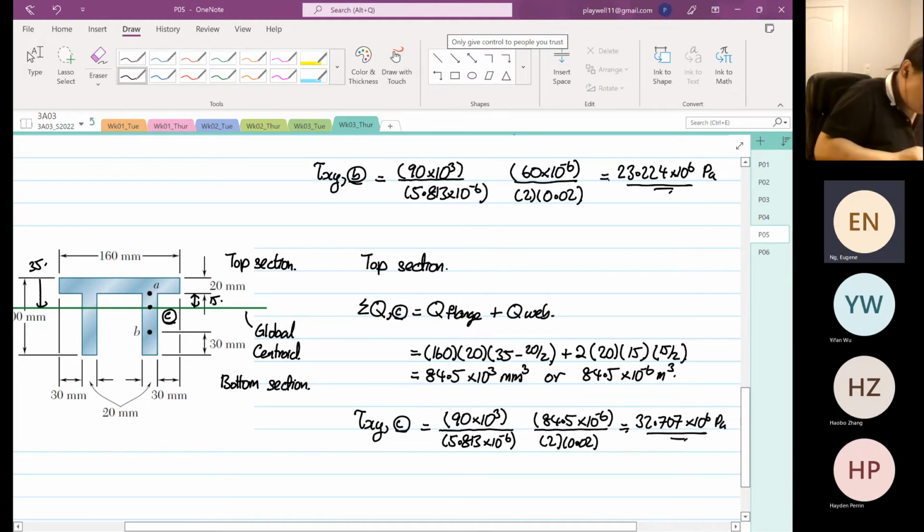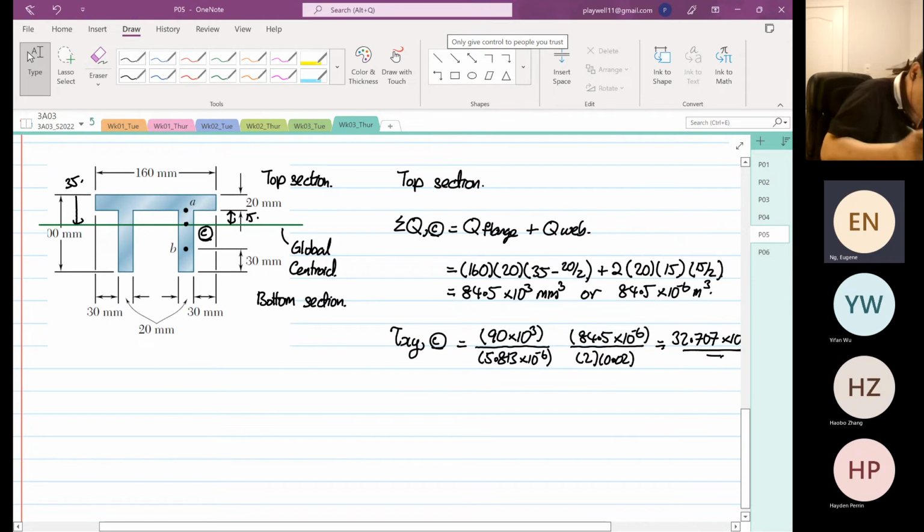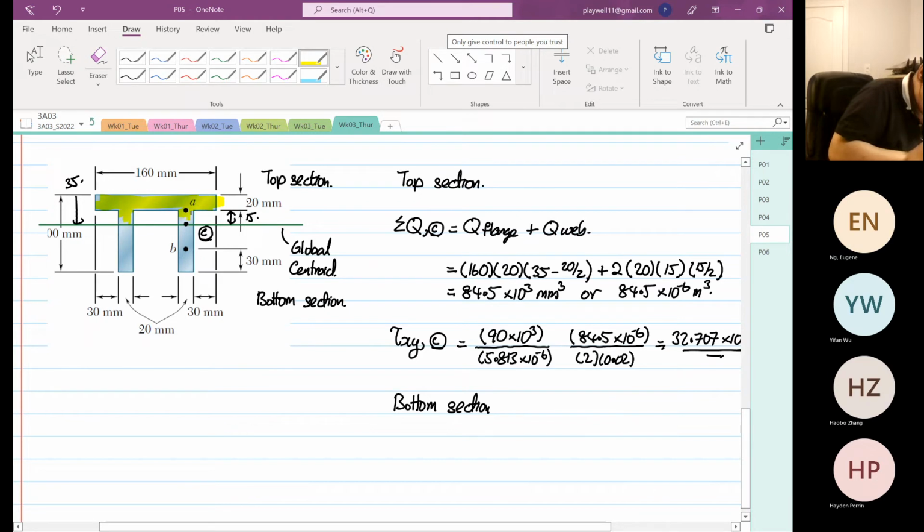Okay. Now, what if we focus on the bottom section? Right. So what we have done earlier is we look at the top section, right?